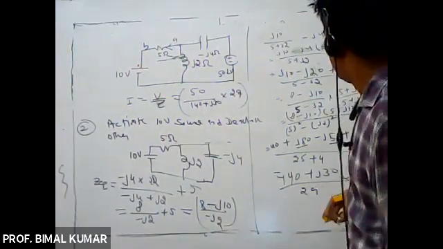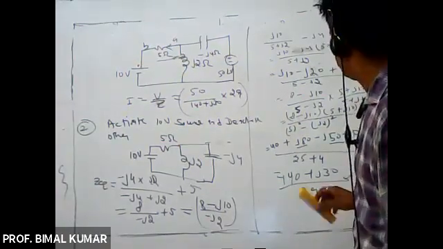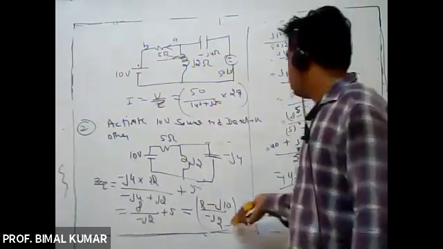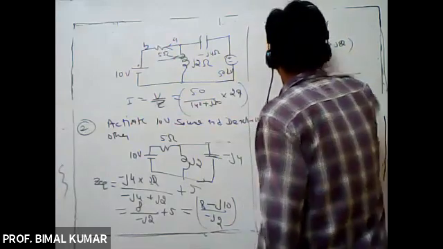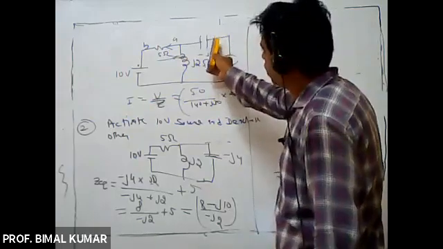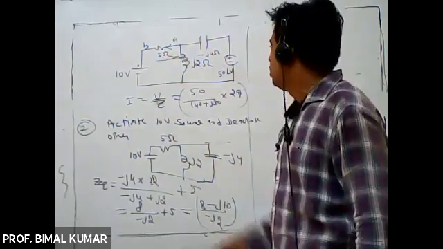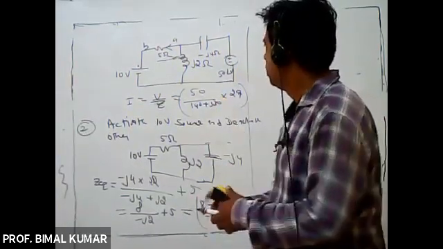And now, in this particular case, this value of the current may be, now in the first case, because here I am calculating the total current, then use the current division method to calculate the current in the 5 ohm. This is your I total, right?